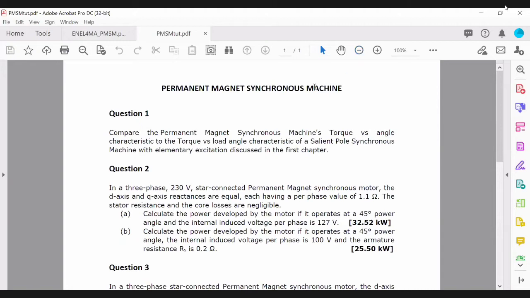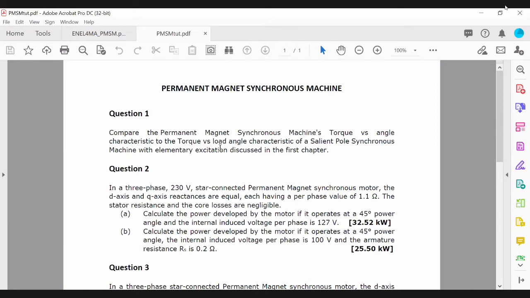In question 1 of the permanent magnet synchronous machine tutorial, you'll find that it is asking you to compare the permanent magnet synchronous machine torque angle to that of a salient pole machine with elementary excitation.